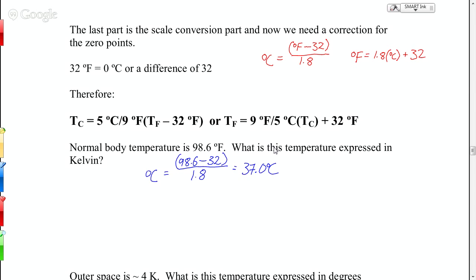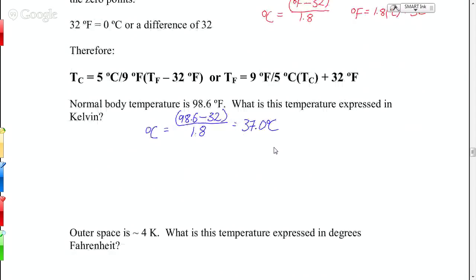Okay. So now we have our Celsius degree. How do we get to kelvins? Right, so we're going to go 37.0 degrees C plus 273.15 K. By the way, kelvins don't have a degree. It's not degree Kelvin, it's just kelvins. It's like a unit, like grams. And that's going to come out to 310.2 kelvins.